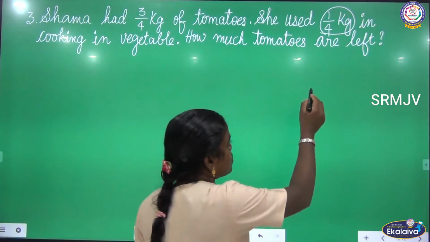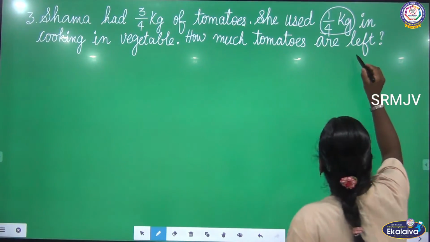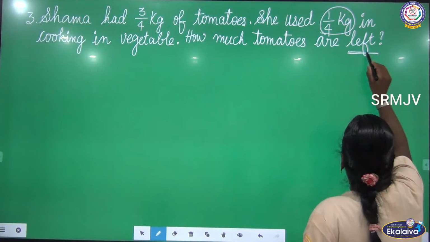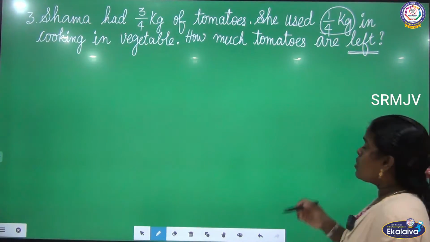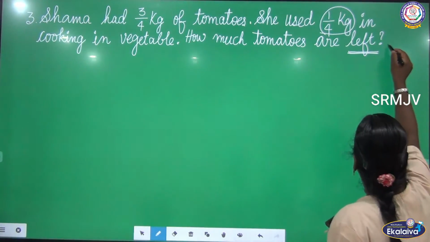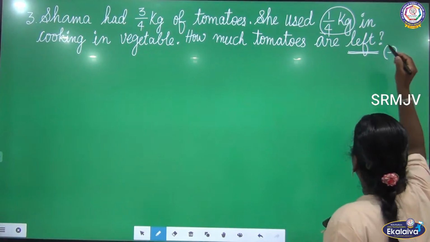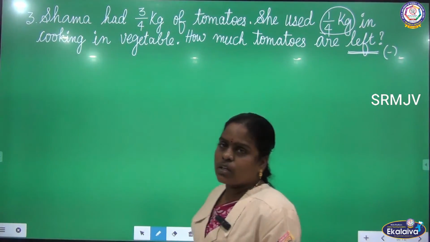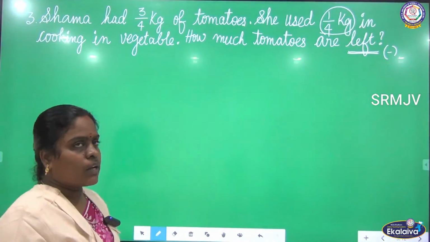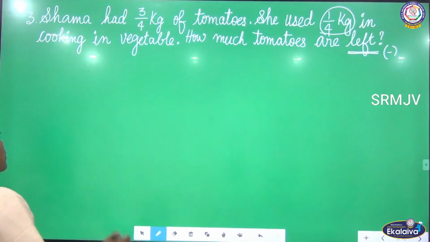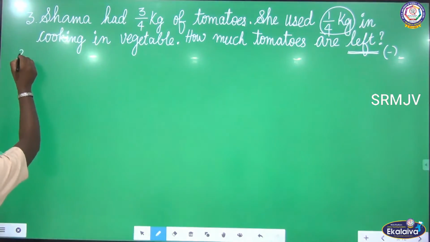How much tomatoes are left? We want to find out the fraction of tomatoes are left. So here left is the clue word of subtraction. Left is the clue word of subtraction. So let us write the statement, then we will find out the answer.